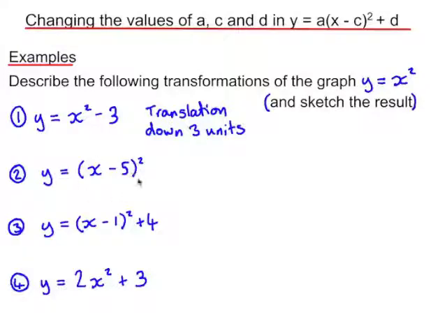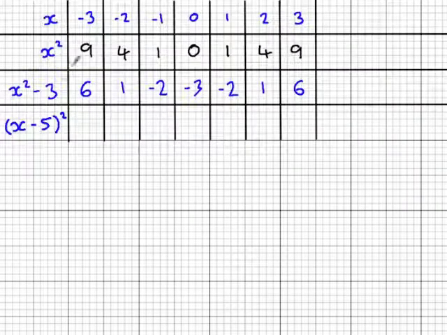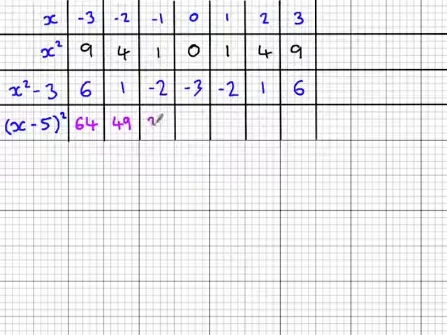In our second transformation, we're going to subtract 5 from each x value and then square that result. -3 take 5 is -8, squared is 64. -2 take 5 is -7, square that. -1 take 5 is -6.